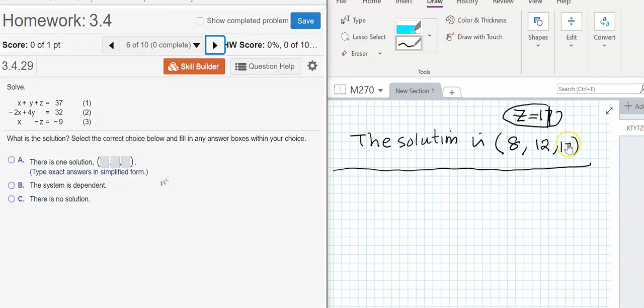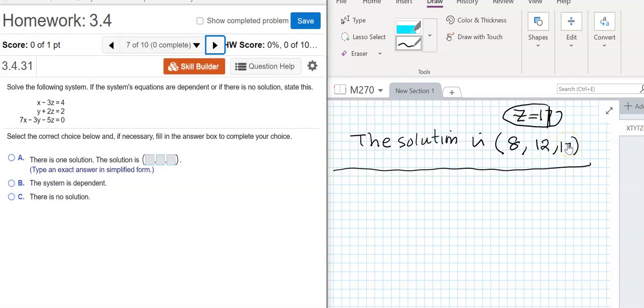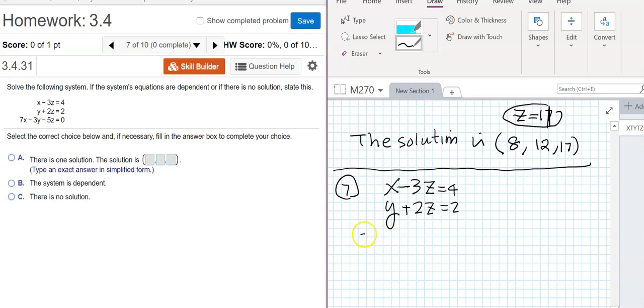That was number 6. Let's look at number 7. Number 7 is x minus 3z equals 4, y plus 2z equals 2, 7x minus 3y minus 5z equals 0.